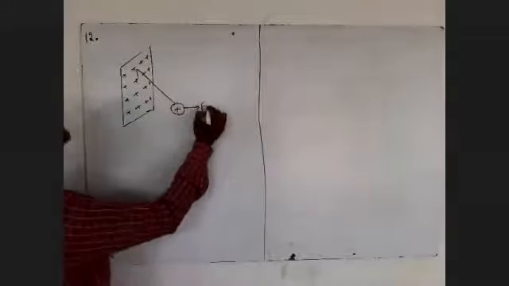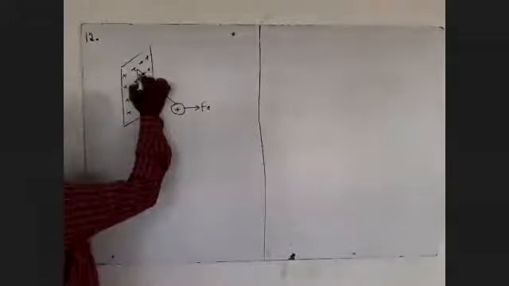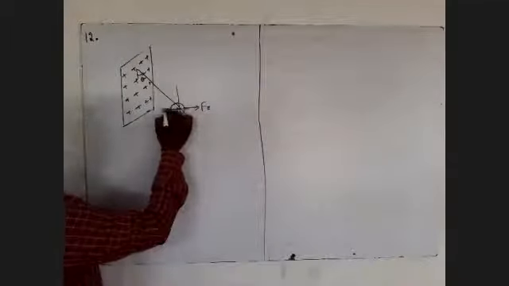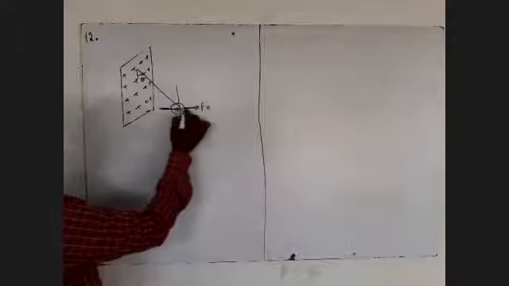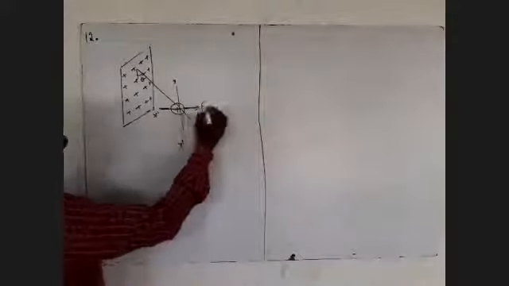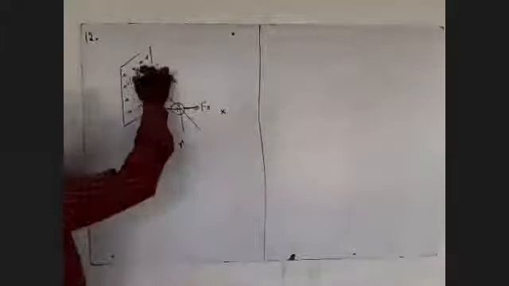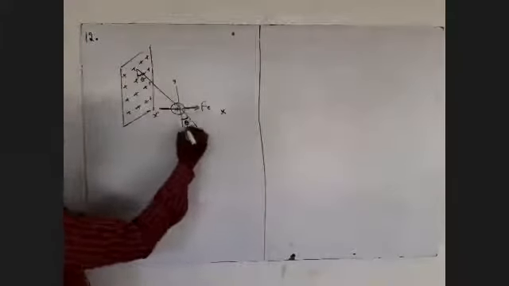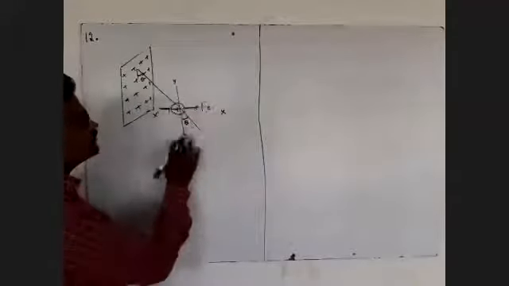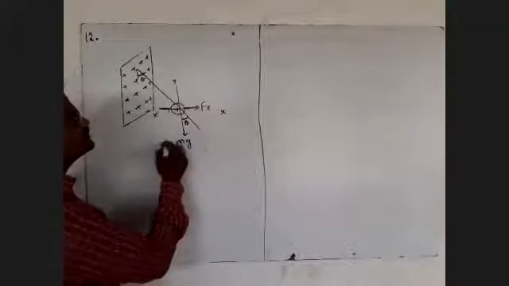This is the electrostatic force, making angle theta here. This is resolved into this one. This is the axis, the y dash, and this is x dash, this is x. I'm taking the angle theta here, and here also I'm taking the angle theta. This is the weight of this bob, that is mg.